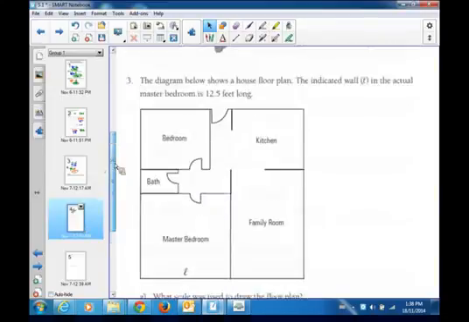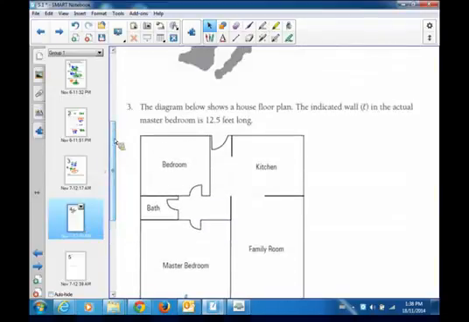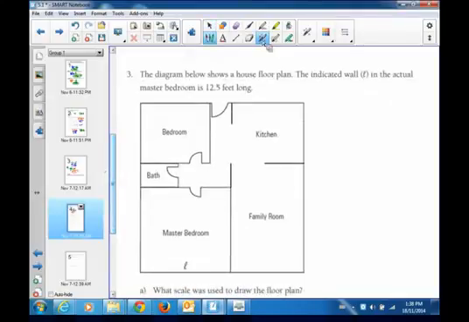This one here, though, you do have to use a ruler. And that's why I was saying, I've got my box of rulers up here. You're welcome to come use them. Okay? The diagram below shows a house floor plan. The wall in the actual master bedroom is 12.5 feet long. So this length is 12.5 feet.